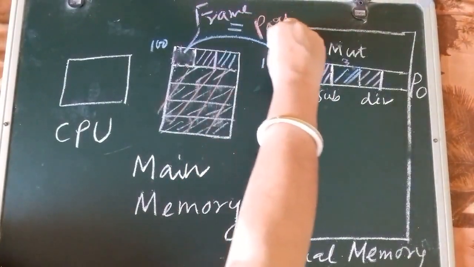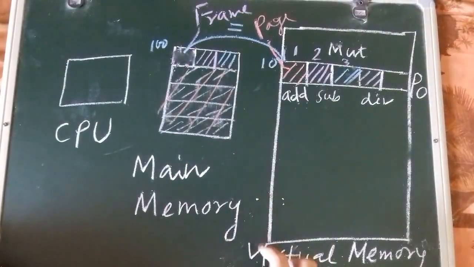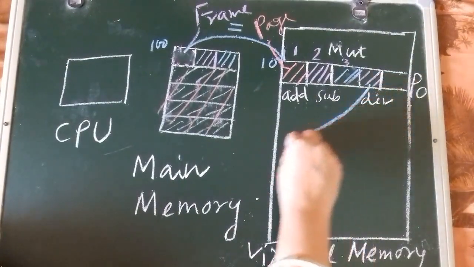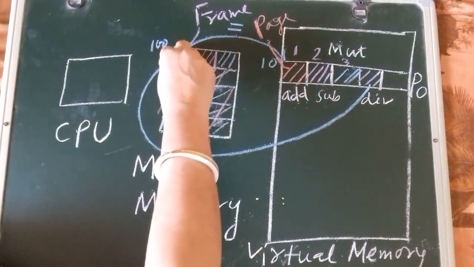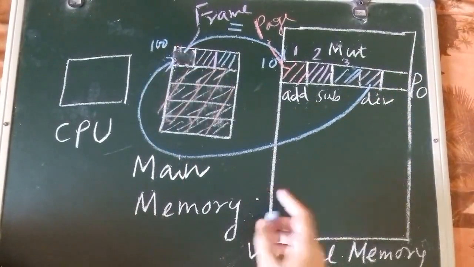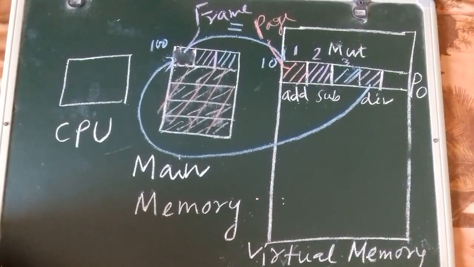Now we will give it back to the virtual memory, and from virtual memory we will bring it to the main memory. The extra part, whichever part is not necessary now, we are giving back to the virtual memory.